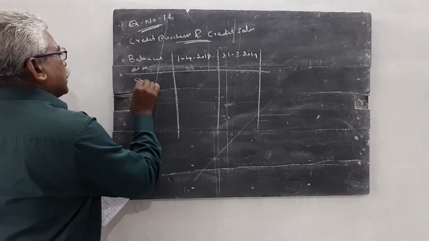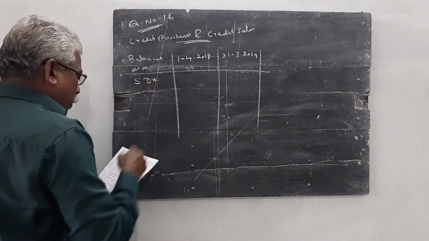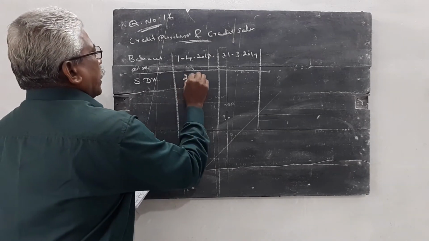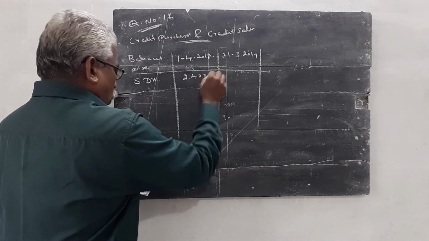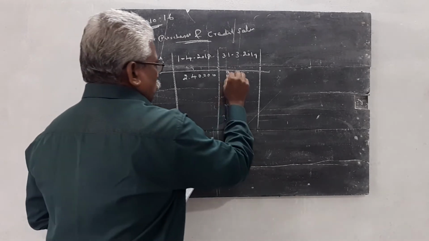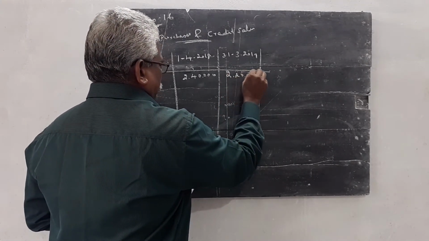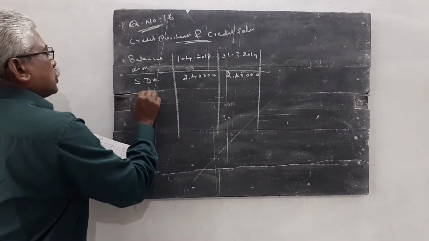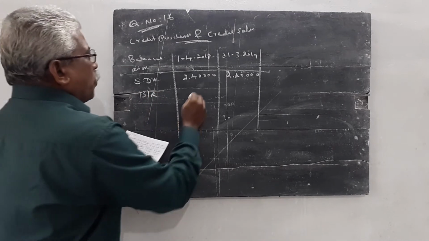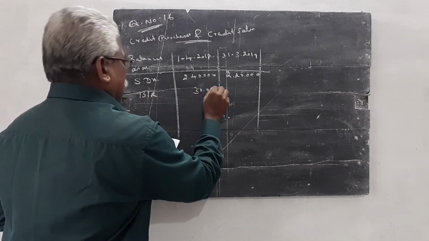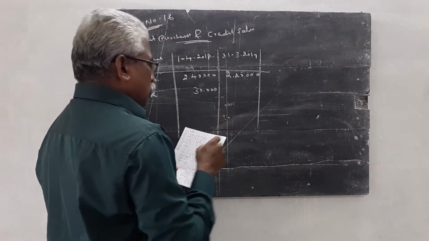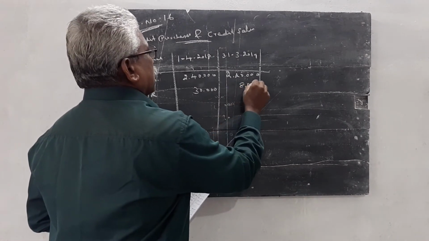First we write sundry debtors. Opening balance of sundry debtors is 2,40,000. Closing balance of sundry debtors is 2,20,000. Then bills receivable account. Opening balance is 30,000. Closing bills receivable is 8,000 rupees.